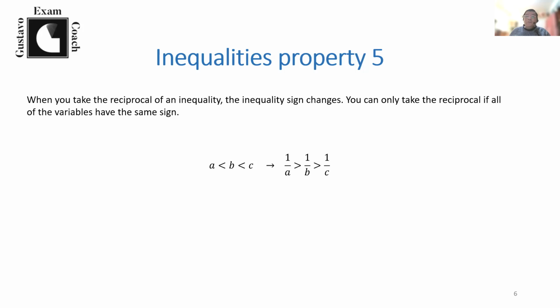What this means is if you have a relationship of order among several numbers, and you can represent this with an inequality such as this, and you know that all the numbers or variables or algebraic expressions in general have all the same sign, they are all positive or they are all negative, then what you can be sure about is that the reciprocals of these expressions, A, B, and C, will always appear in the inverse order.